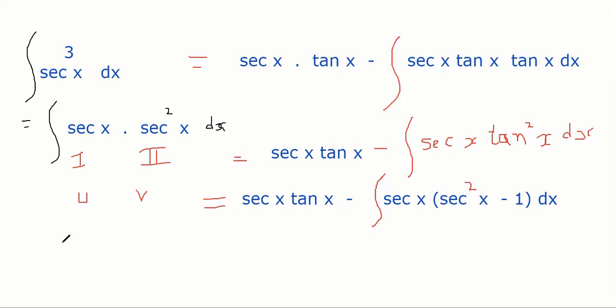Nothing much. Instead of tan square x, I put secant square x minus 1. Now what am I going to do? So secant x tan x is as it is. Minus. If I multiply this inside, it becomes integration of secant cube x dx.